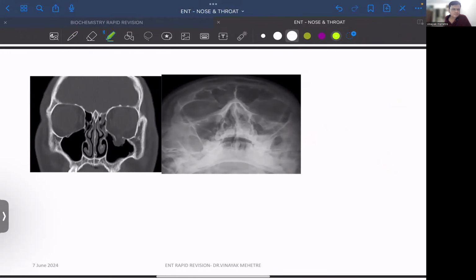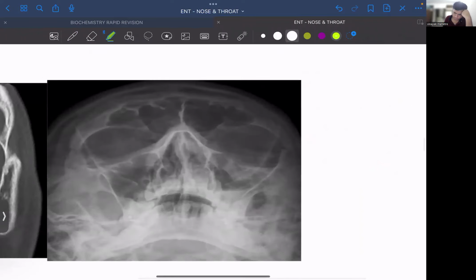Patient with tennis ball hit on the orbit or punch on the orbit. Fracture name is orbital fracture, right? Take a look over here and take a look over here.